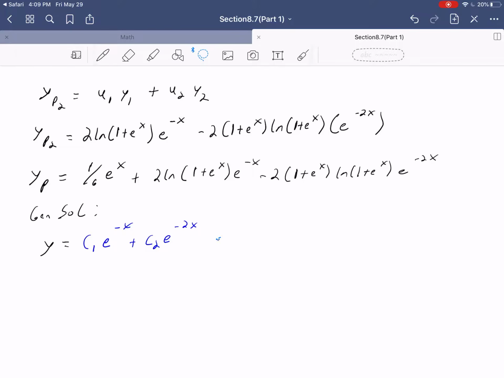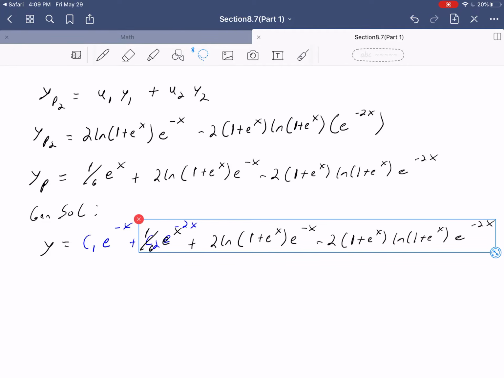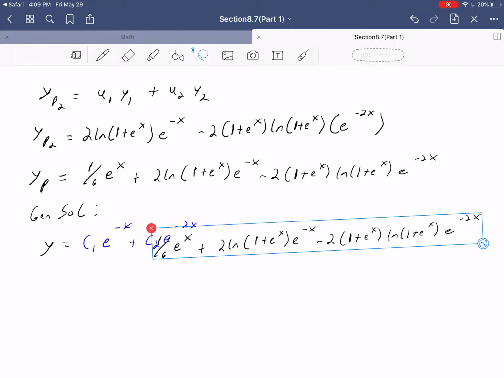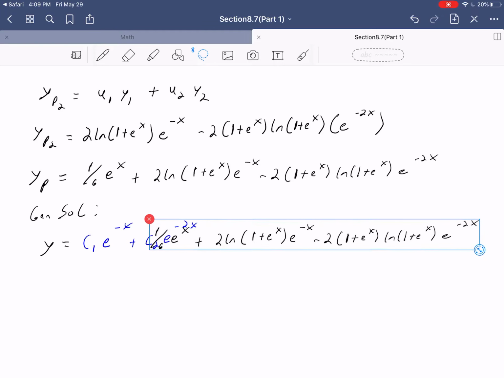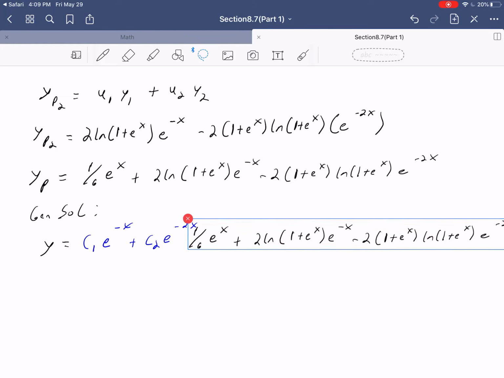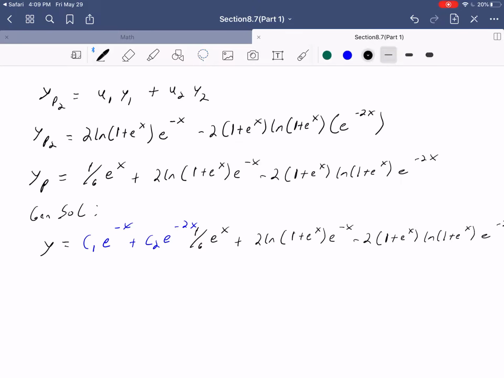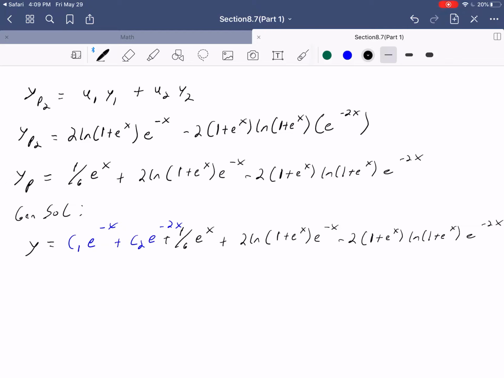Copy that guy, paste that guy right there, make him a little bit smaller. And there we go. Now we just slap a little plus sign in between there, and there we go. There's our general solution. Any linear combination of the homogeneous plus the particular solution from the first part plus the particular solution from the second part gives us our general solution overall.